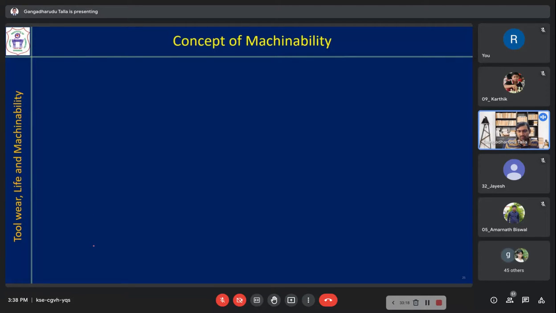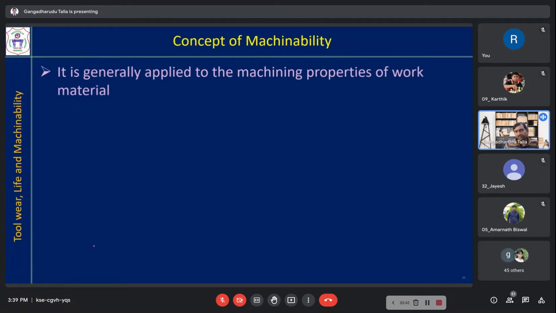Now, how do you say it quantitatively? Qualitatively, you can say mild steel has good machinability, and some other material, say Inconel, a nickel based super alloy, has less machinability. So qualitatively we are saying, but quantitatively, how do you define it?